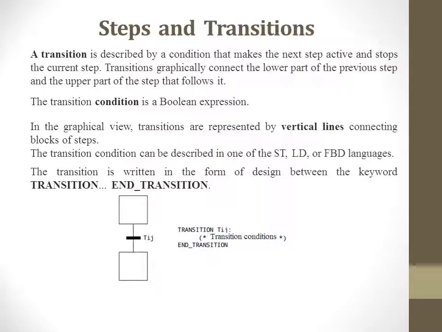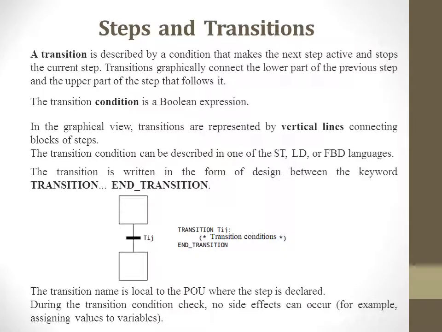So in this picture we can see the transition designation in the program. This is the transition, how it is described in our program, and this is the transition's condition.